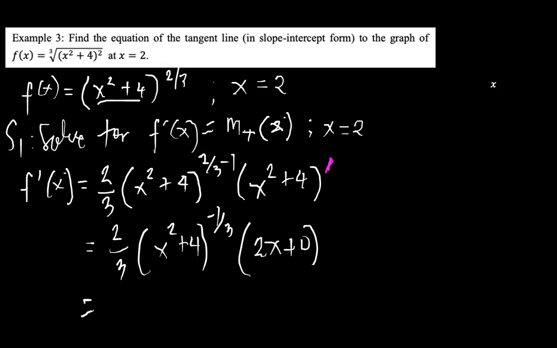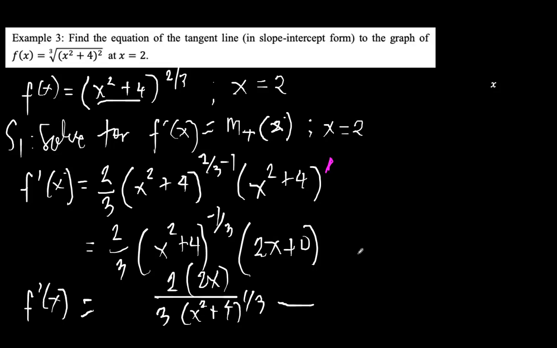There we go. Let's simplify. So we have 2 times 2x over 3, and this becomes x squared plus 4 raised to 1/3. So this is our f prime of x.